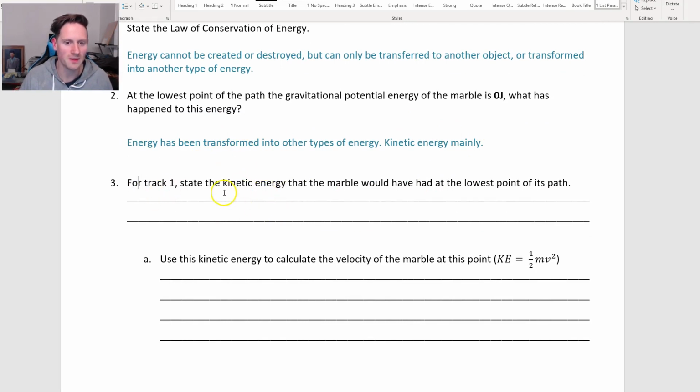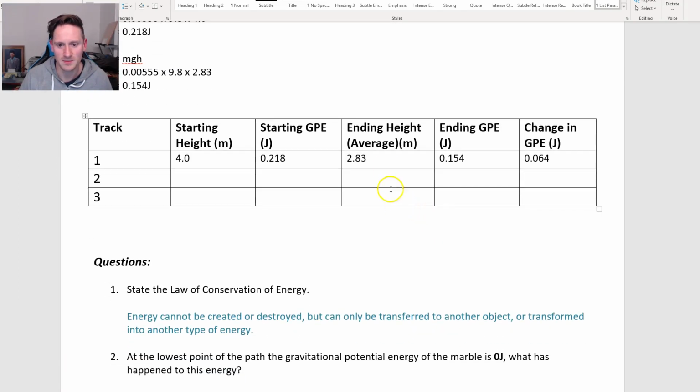So for track 1, state the kinetic energy that the marble would have had at the lowest point of its path. This is another key concept. Now, if the starting GPE, that's the maximum gravitational potential energy, was this number, 0.218 joules, we're assuming that the majority of that has been converted to kinetic energy, which is the moving energy, because that's the maximum speed.